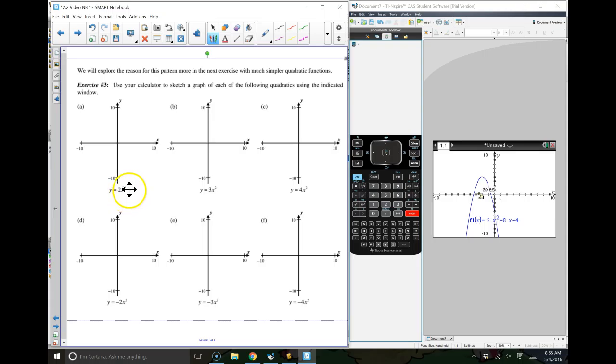So do you see how in this first one, here I'll underline it, we have a 2, and then the next one a 3, and the next one is a 4. We're going to see something really interesting happening with the shape. So for this next exercise, you're thinking about the shape. Okay? So let's plug them into the calculator. All right?